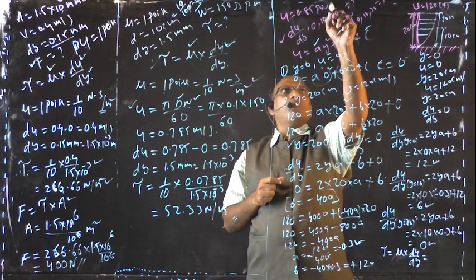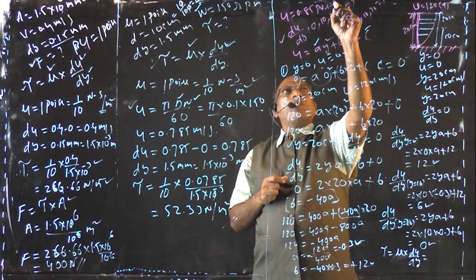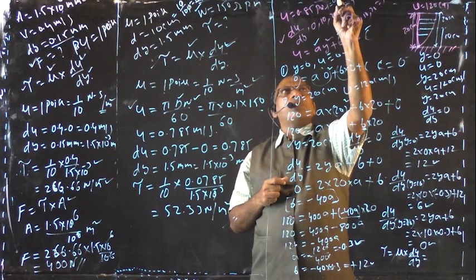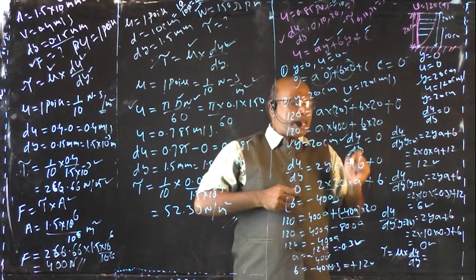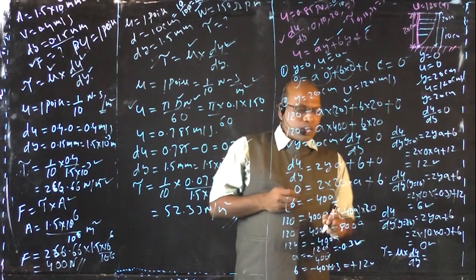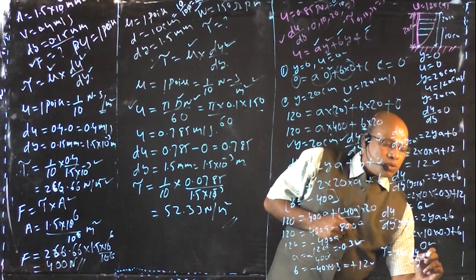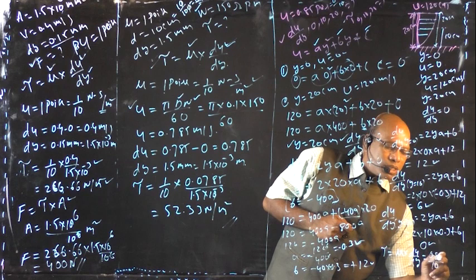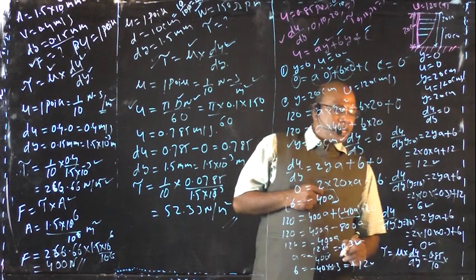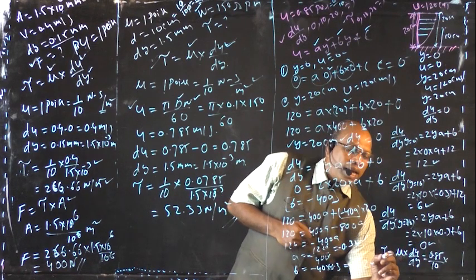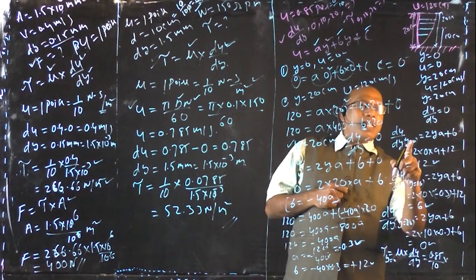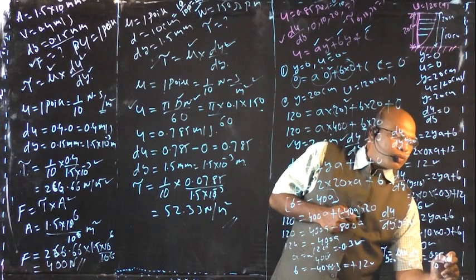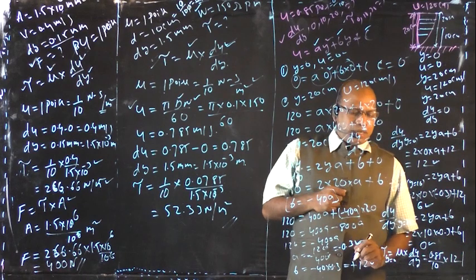That converts into 0.85 divided by 10 Newton second per meter square. Therefore this is equal to 0.85 divided by 10 Newton second per meter square into du by dy at y is equal to 0. Du by dy at y is equal to 0, already we have determined, is equal to 12.